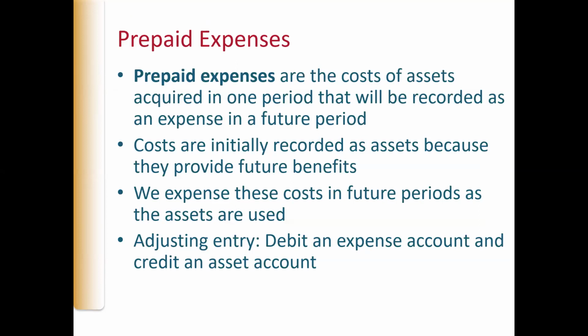But we expense these costs in the future period as the assets get used up. The adjusting entry for all prepaid expenses will be to debit an expense account, and we will credit an asset account.